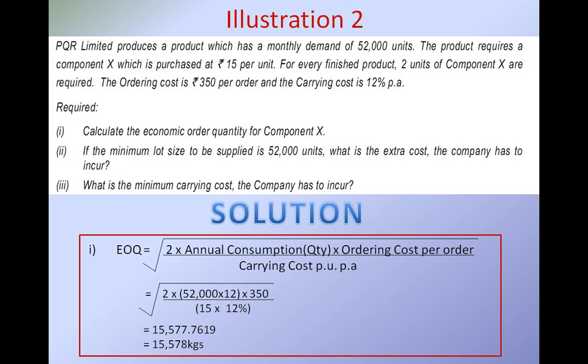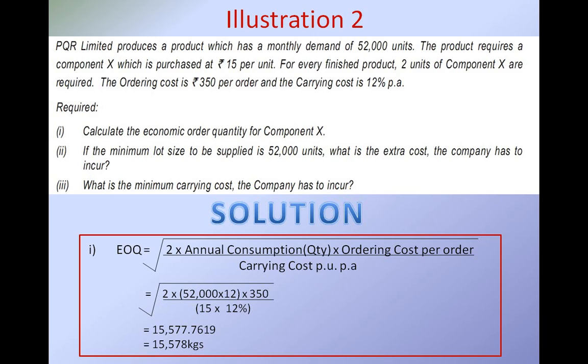The next question is, if the minimum lot size to be supplied is 52,000 units, what is the extra cost the company has to incur? Now, what is this minimum lot size? Minimum lot size is nothing but the reorder quantity. We found out that the reorder quantity which will make both the ordering cost and the carrying cost as low as possible is 15,578, because the reorder quantity which gives the lowest costs is the economic order quantity.